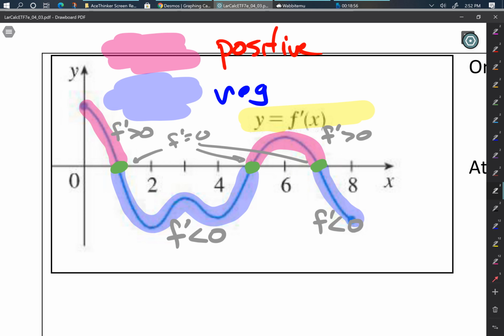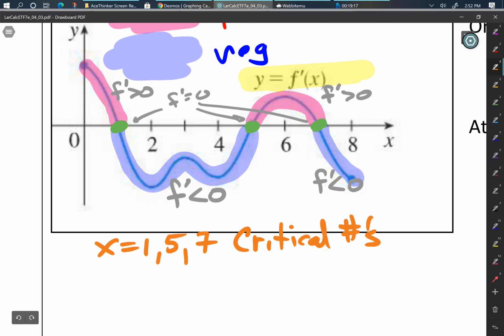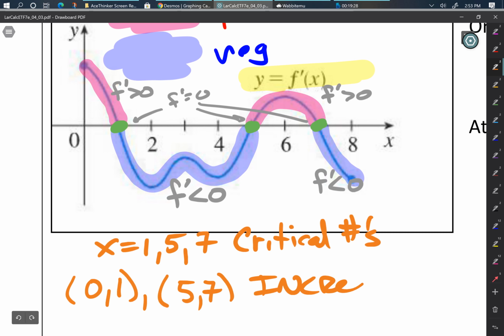Now, in terms of calculus, that means that it looks like x equals 1, x equals 5, and x equals 7 would be critical numbers or critical values. And it looks like the intervals 0 to 1 and 5 to 7 are going to be increasing intervals for f of x.